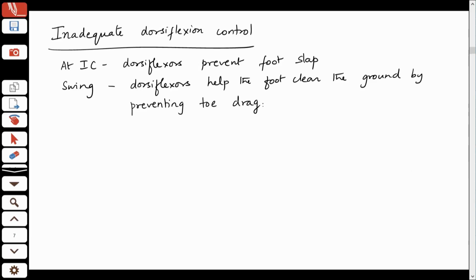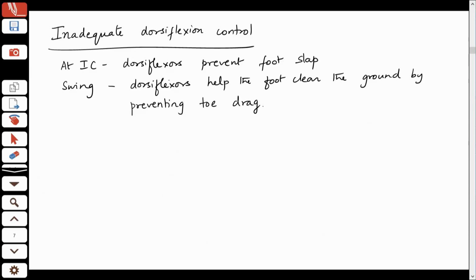If the dorsiflexors do not provide sufficient control, then again the person may have to adopt some kind of compensatory gait in order to clear.